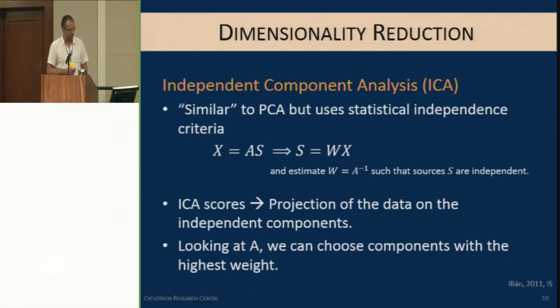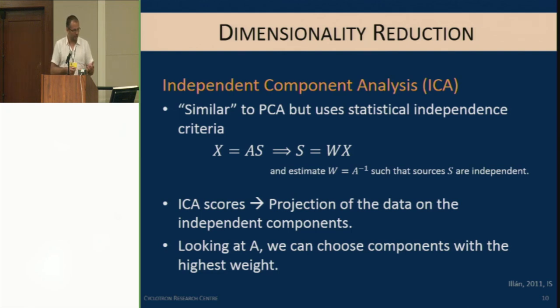And finally, we also played a little bit with the idea of ICA. It's not an extension of PCA. It's based on a criterion of statistical independence between your components. So it's one of those methods to decompose, a blind separation of the sources.